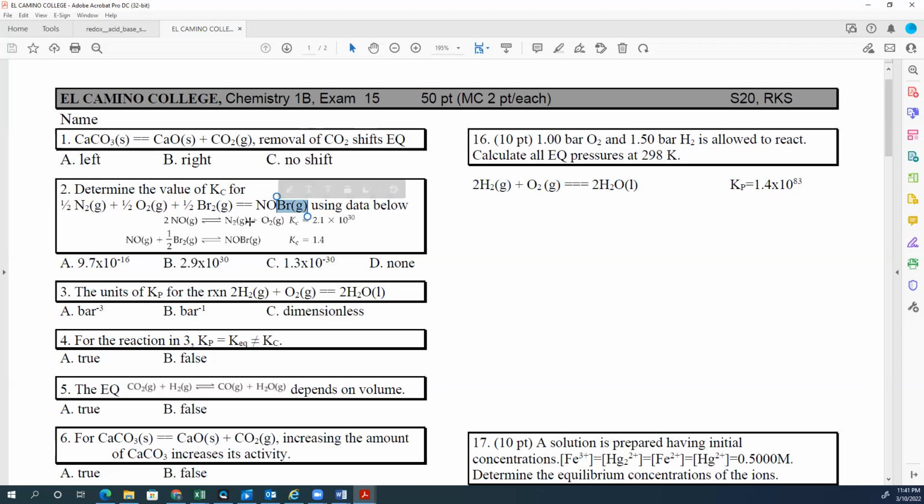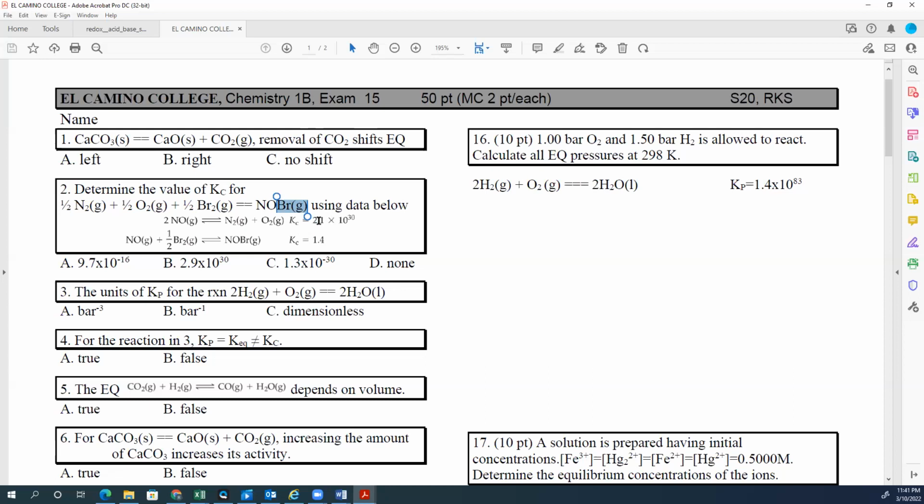Then I multiply by 1/2, which means I take the square root. So I invert this and take the square root, and that gives me 1/2 N2 and 1/2 O2 on the reactants, but it also gives me NO on the product. I don't want NO on the product, but I also need a 1/2 Br2, so I'll just add this one, and that gives me my NOBr.